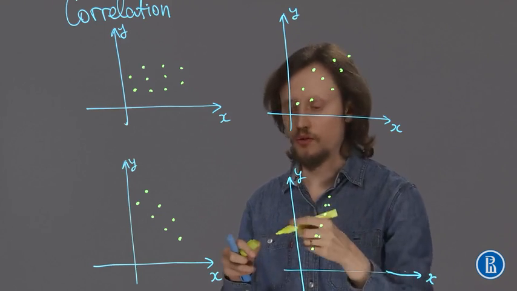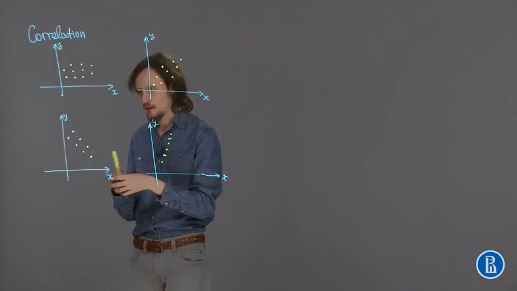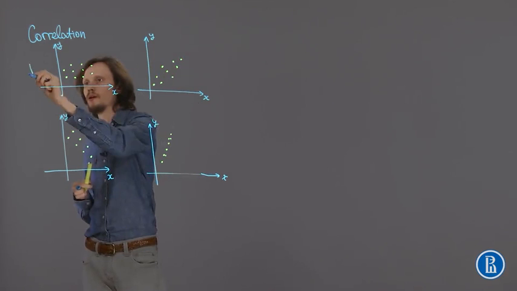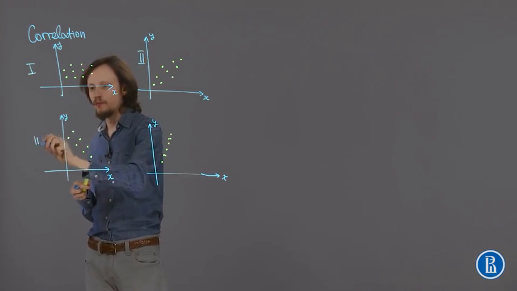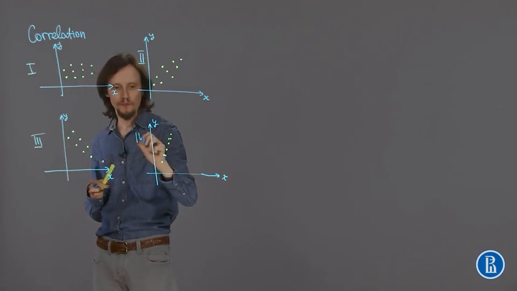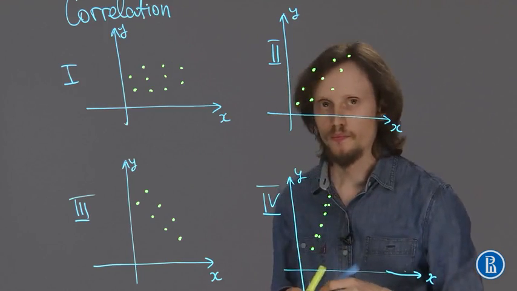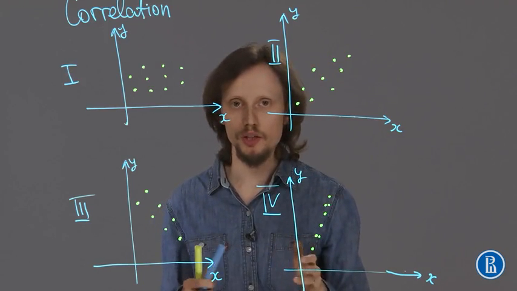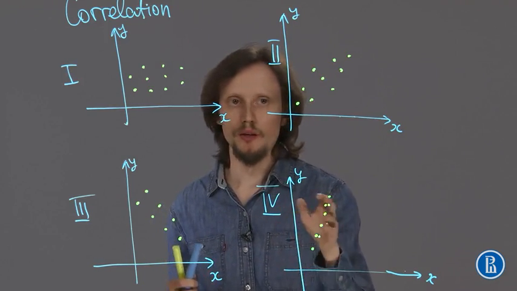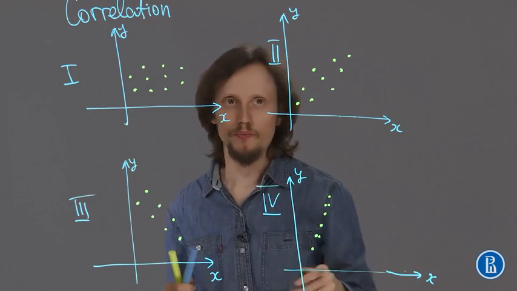And finally, this is the fourth dataset. Let me enumerate them. 1, 2, 3, 4. Now, let us discuss what kind of relations between variables express each of these scatter plots.